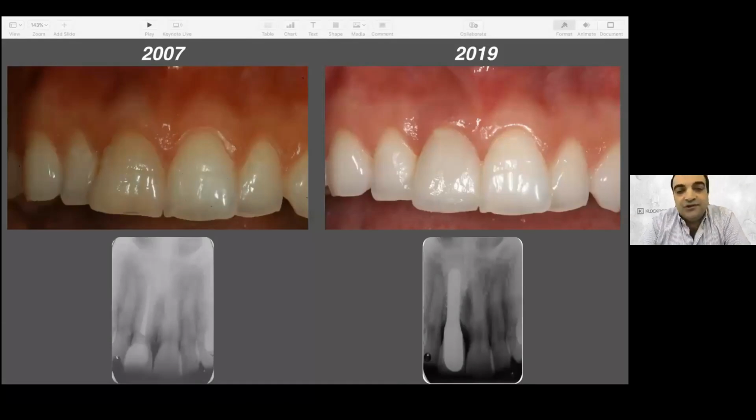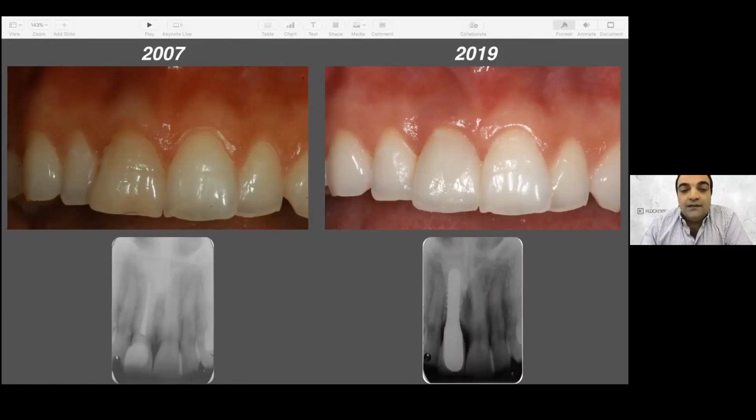Lots of publications about immediate implant placement started in the late 80s, but at that time we had a lot of complications. But we learned a lot from these complications.